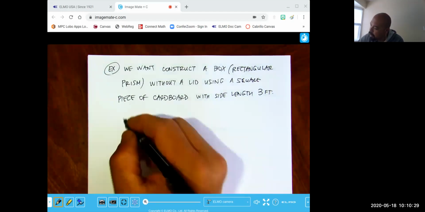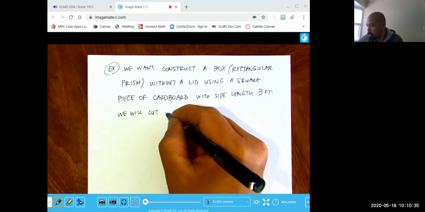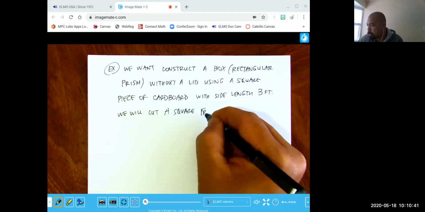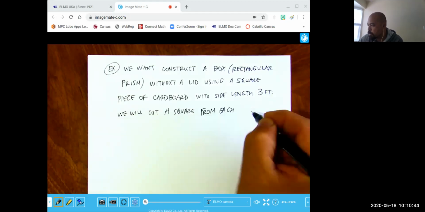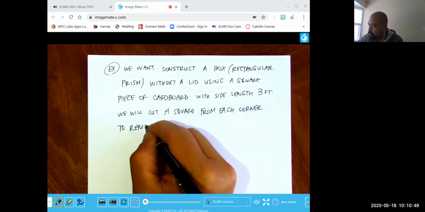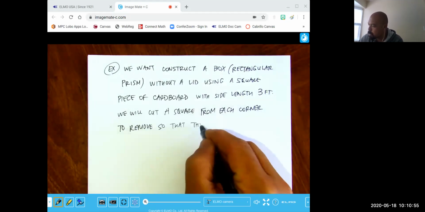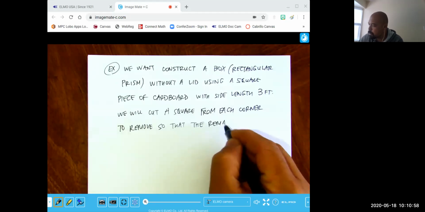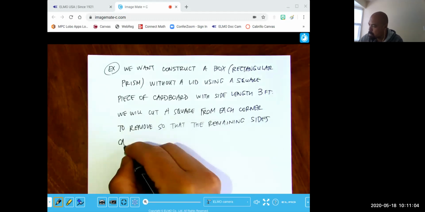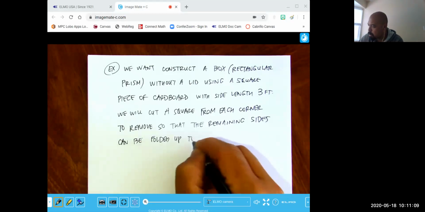And then again, how we're going to do it, we will cut a square from each corner to remove so that the remaining sides can be folded up to create the box.